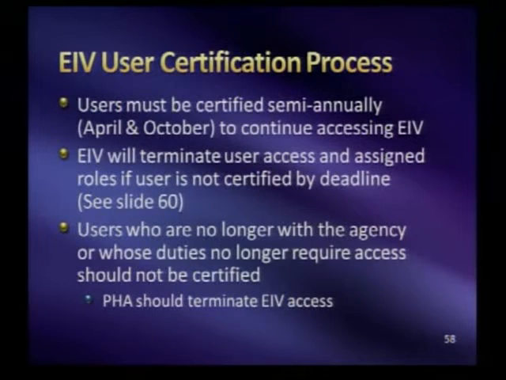And if you are not certified by the deadline, the system will automatically terminate your access to EIV, and so when you come back to work and try to log in, the system is not going to let you in. So the doors to EIV are going to be closed for you, okay?